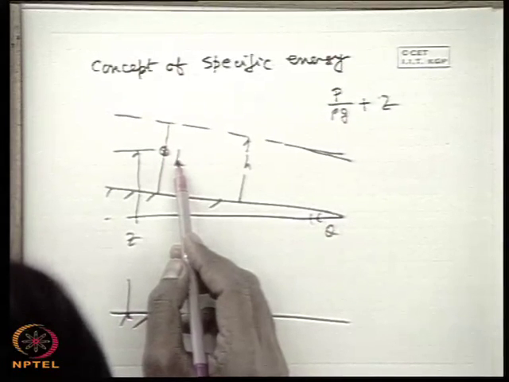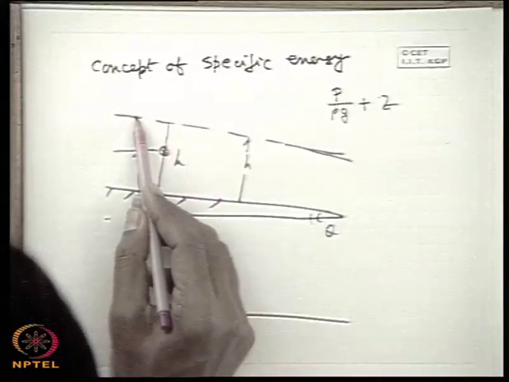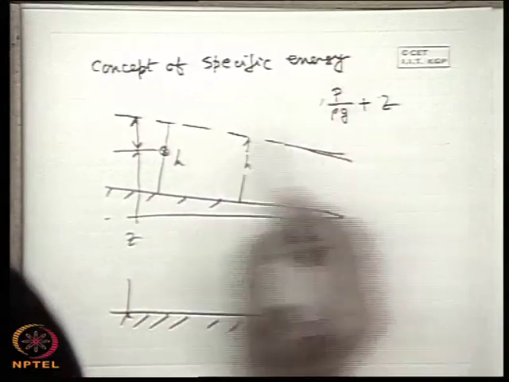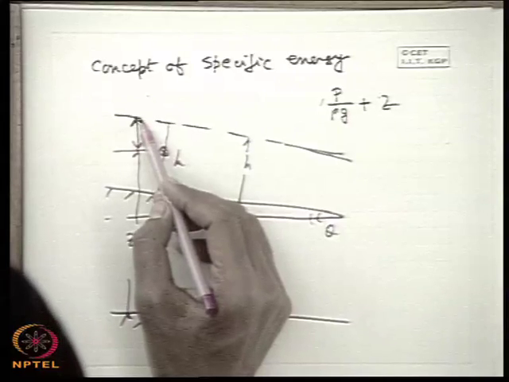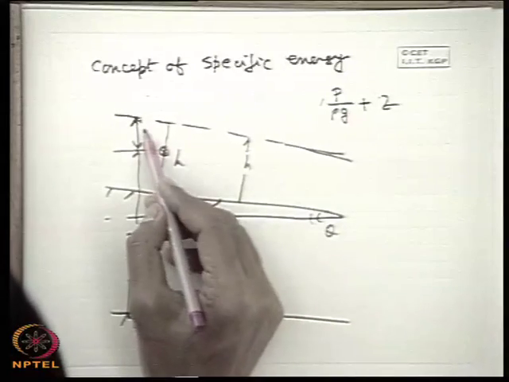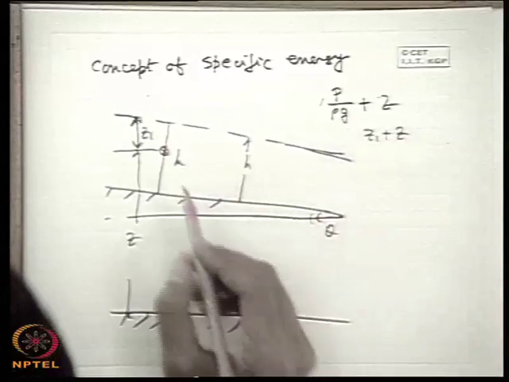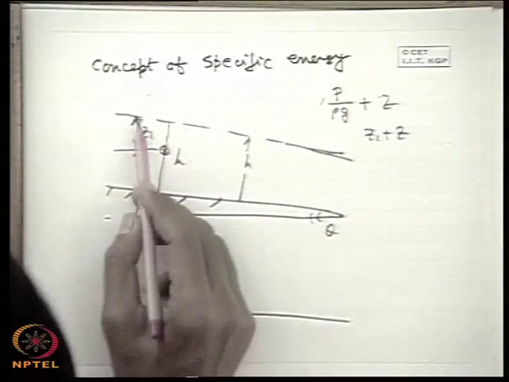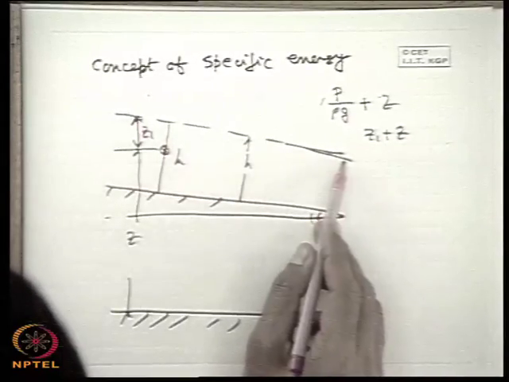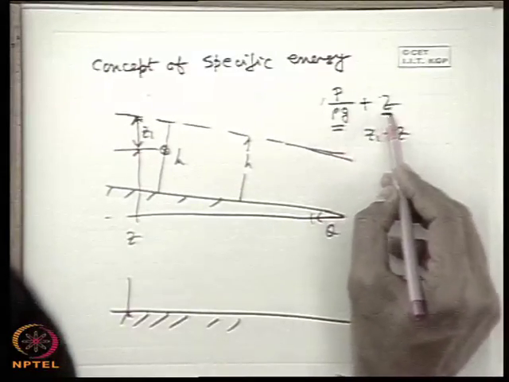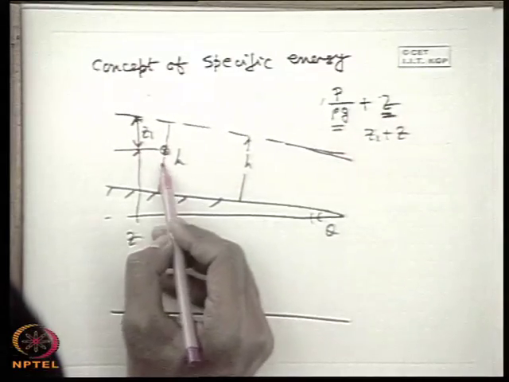Now, what is this P by rho g? P by rho g is this vertical distance, because if we consider this P by rho g from the atmospheric pressure, this vertical distance, let this be called Z1. So, therefore, this becomes Z1 plus Z. That means always it is the height from the reference datum of the free surface of the fluid which represents the sum of the pressure energy and the potential energy of any point in that section.